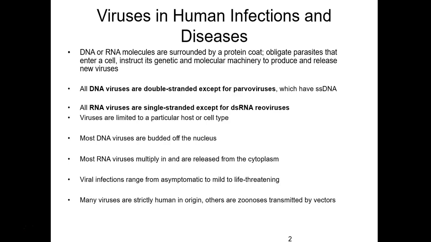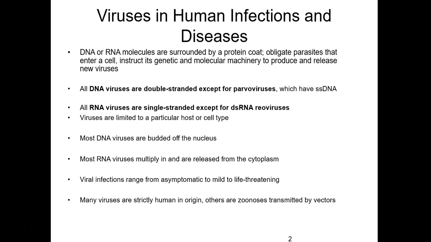We also talk about how DNA viruses enter and RNA viruses enter and multiply within cells. DNA viruses bud off of the nucleus of a eukaryotic cell. RNA viruses multiply and are released from the cytoplasm. And most viral infections are not really that severe.